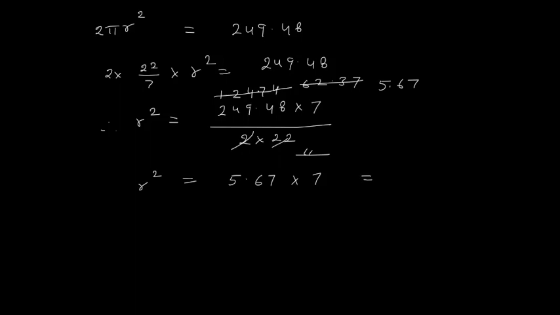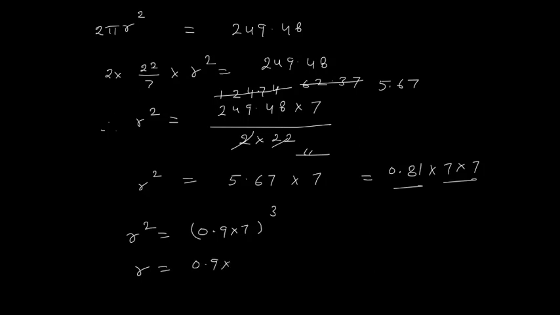If I take 7 common, 7 8s are 56, so this is 0.8, and 7 I can write as 7 into 7. Why am I writing like this? So that I can write this in square form. So this is 0.9 into 7 the whole square. So the value of R is 0.9 into 7, so this is 6.3. So the value of R we got.